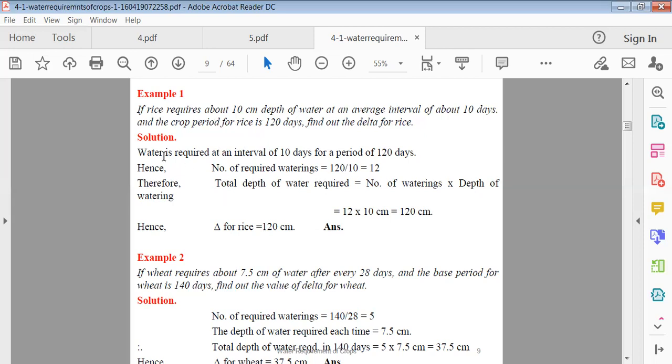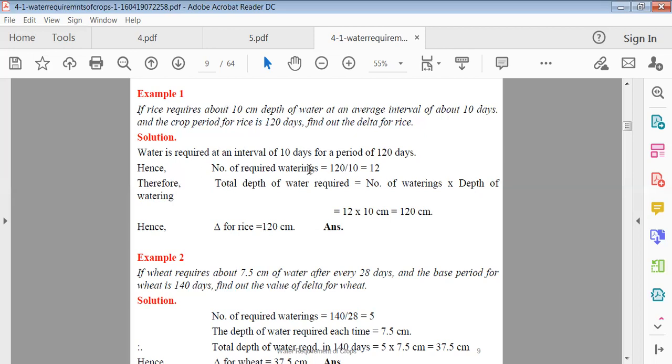So for every 10 days we need to supply 10 centimeter of water. For the first 10 days we supply 10 centimeter depth, next 10 days again 10 centimeters. This is a regular interval of 10 days.